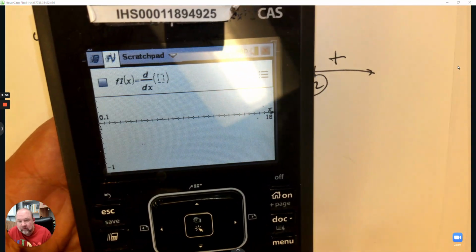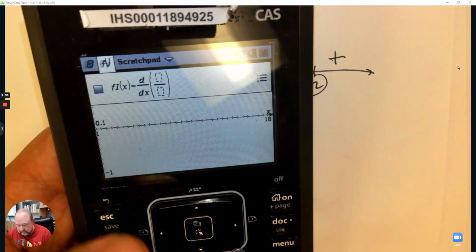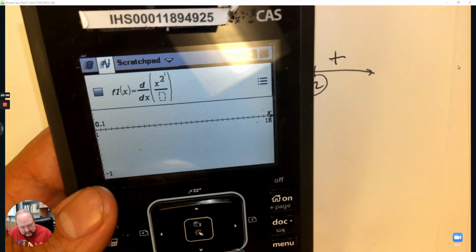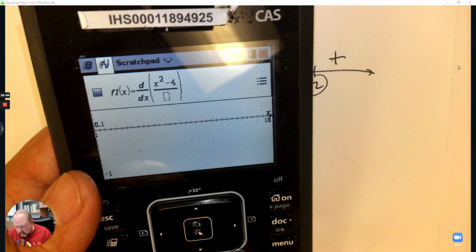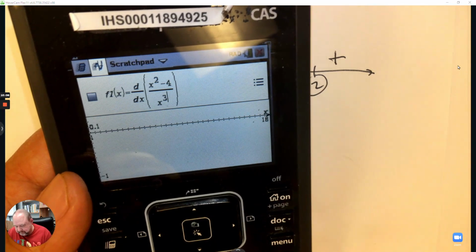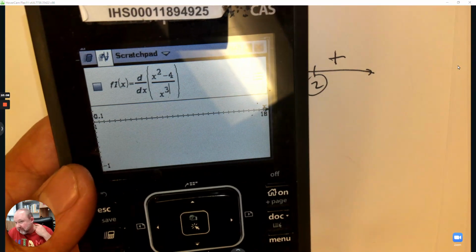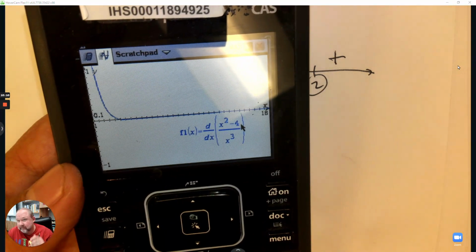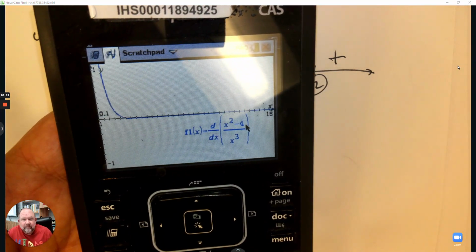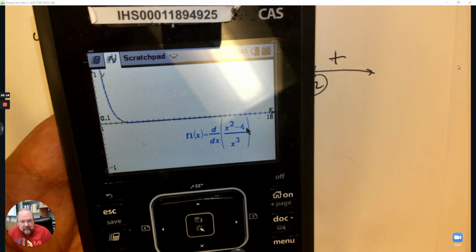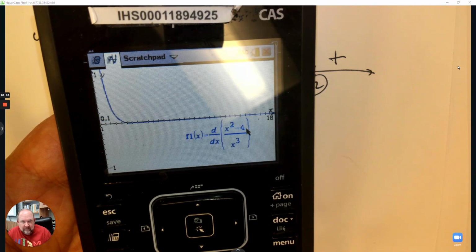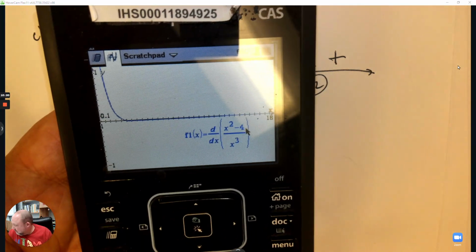So I'm going to go control divide. So we have x squared subtract 4 over x cubed. And I want to see what the graph looks like. So I can kind of see where the acceleration's positive compared to negative in terms of the derivative.